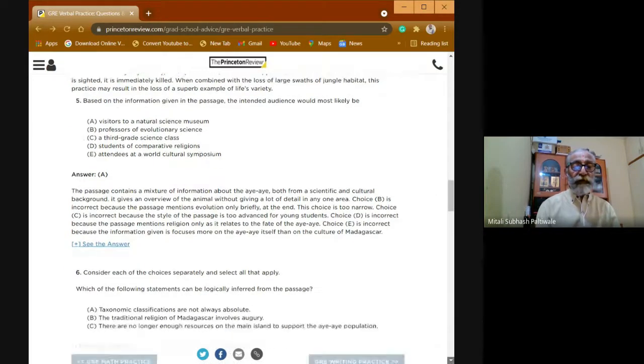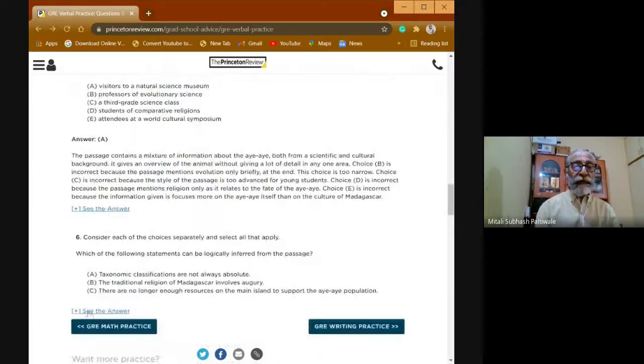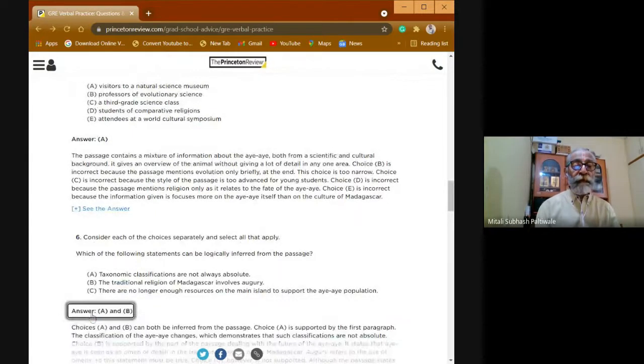So the next question is: consider each of the choices separately and select all that apply. So there are choices given. You have to consider all the choices and choose separately those that can apply to the passage.